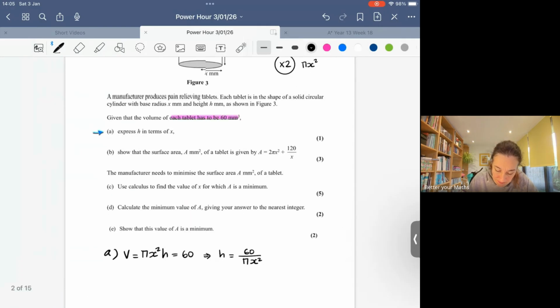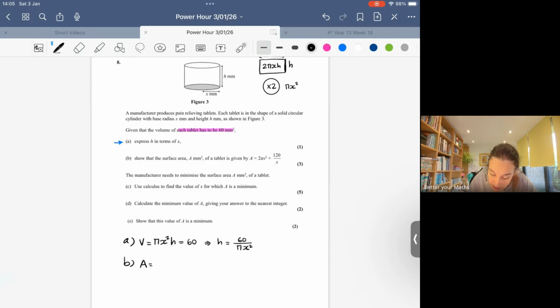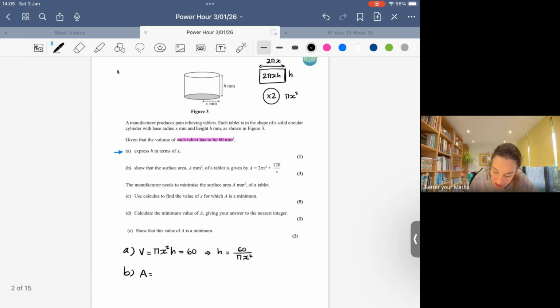The area. So for part b, very common question, I'm sure it's ringing bells. The area is going to be 2 pi x h plus 2 times the area of the circles. If they don't tell you this part here, you will still be doing this surface area.